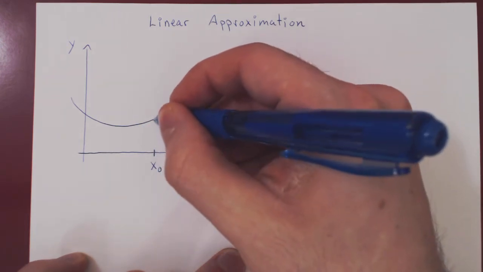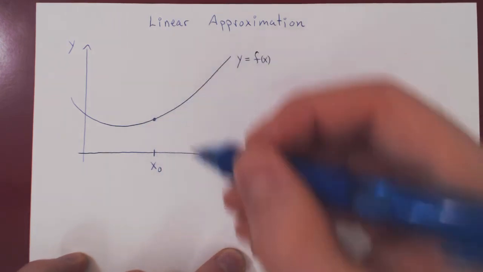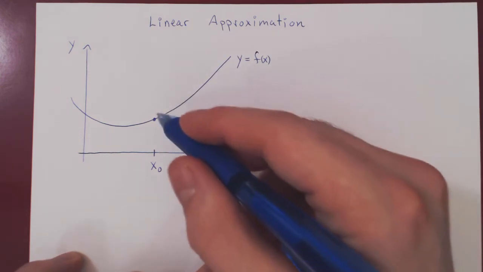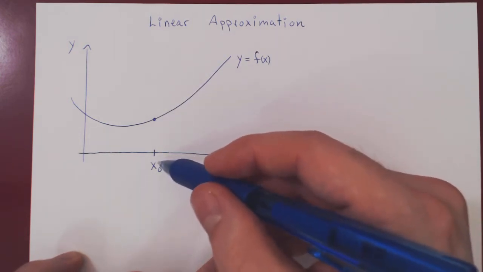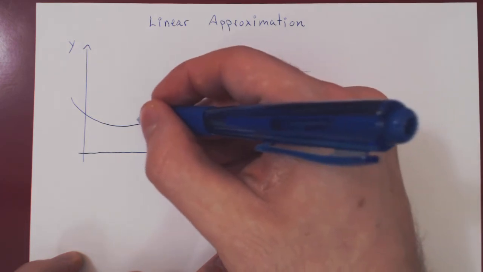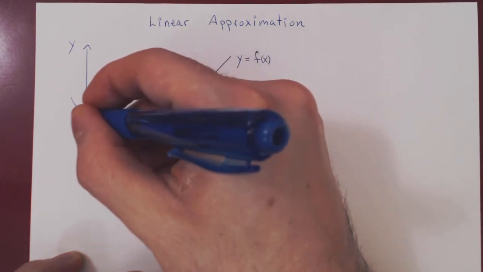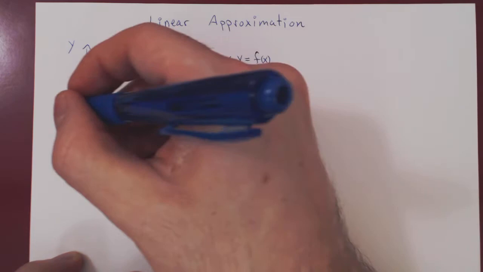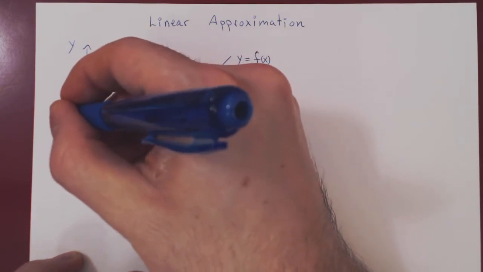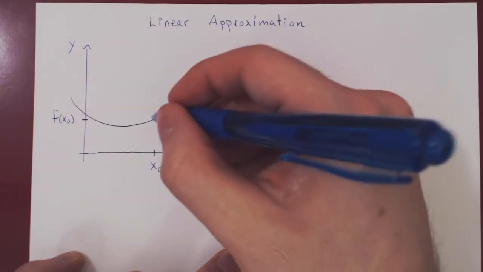Well, instead we can use a simpler function, namely the tangent line to the function at this given point. Now if x is x0, the y value will of course be f of x0, the corresponding y value on the graph of our function.